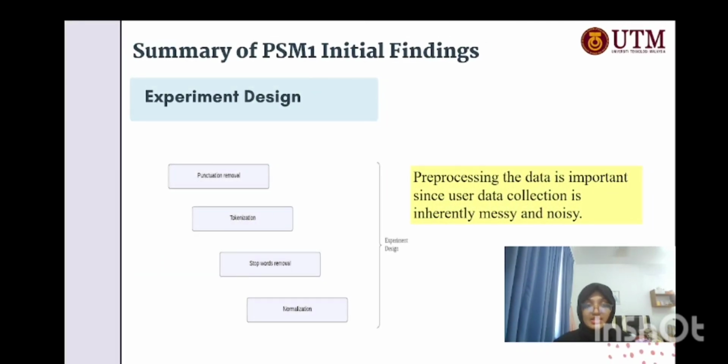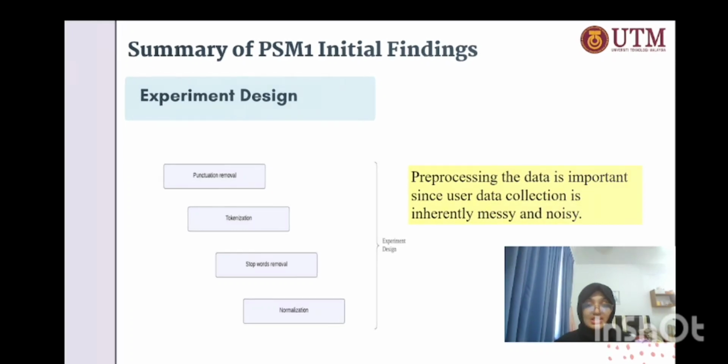So this is the experimental design. Pre-processing the data is important since user data collection is inherently messy and noisy. So we need to remove the punctuations, and then we need to do the tokenization, and then stop word removal and the normalization part.